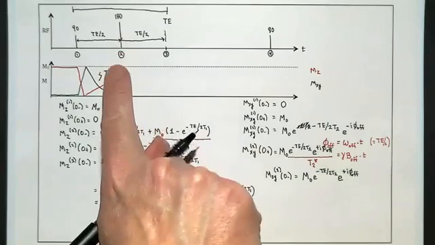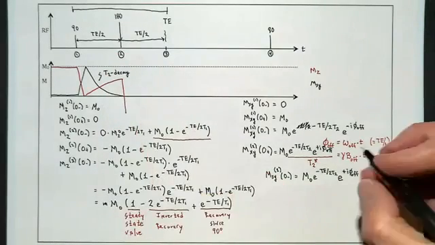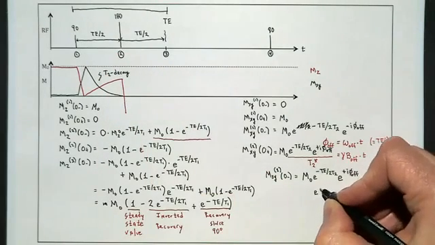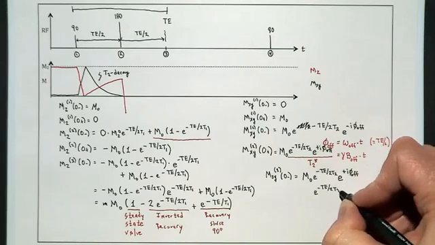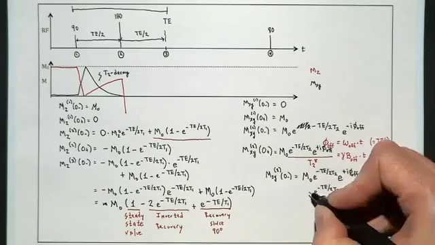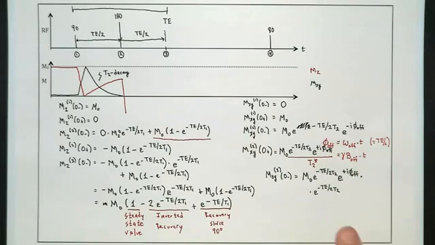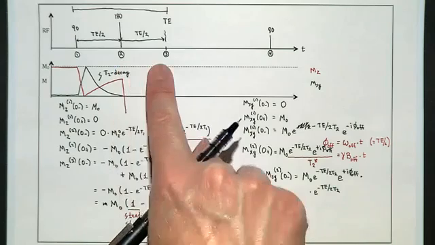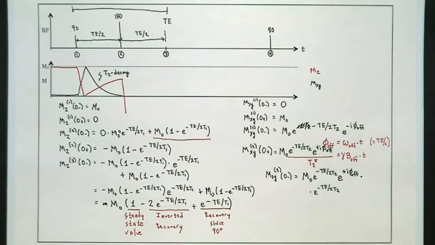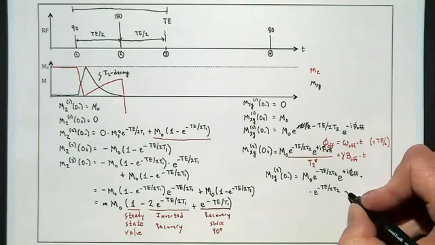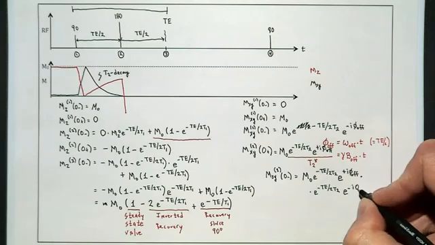Let's add the decay from time point 2 to time point 3, and that's just e to the minus TE by 2T2. I'm carrying over my multiplication onto the next line there. And now I need to account for the off-resonance. How much off-resonance do I accumulate for that spin between time point 2 and time point 3? e to the minus i phi off.